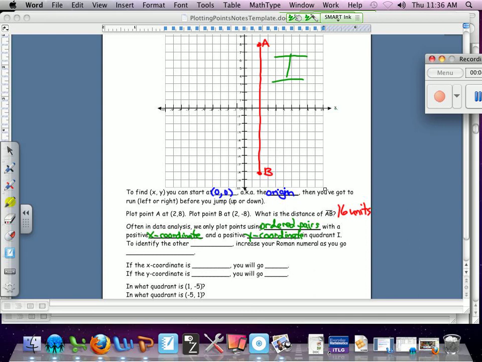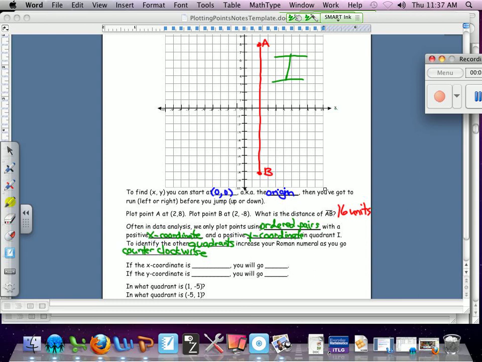So, to identify the other quadrants, you increase your Roman numerals as you go counterclockwise. Quadrant 1, that's the first quadrant. A lot of times you only need to set up your grid. If you're using graph paper, a lot of times you only need to focus on quadrant 1.